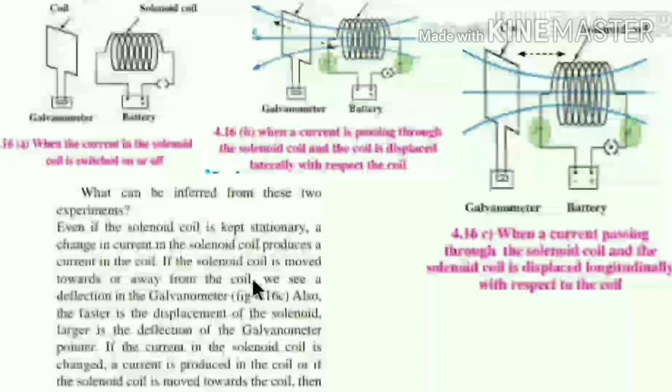If the solenoid coil is moved towards or away from the coil, we see a deflection in the galvanometer.